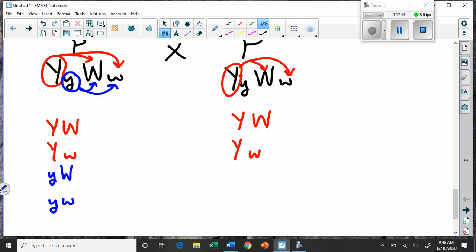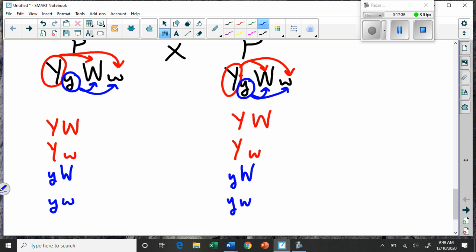And then we have the small y with the big W, and the small y might end up with the little w. So this is the law of independent assortment. What it's saying is that the y's and the w's get to sort themselves out without any link to each other.